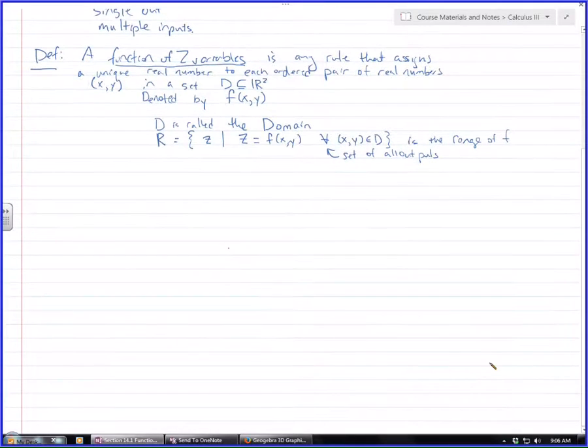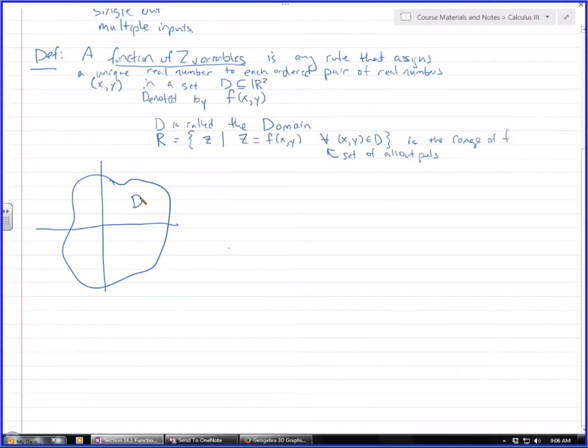Visually, picture it like this. Well, one way to think of it is you've got a set over here in R2. We'll call this D. Right, I'm drawing the rectangular coordinate system to indicate that this is some region in the plane. And every point inside that D, I'm going to assign an output. The output is some number in the reals. So this is R2 over here, some R1 over here.